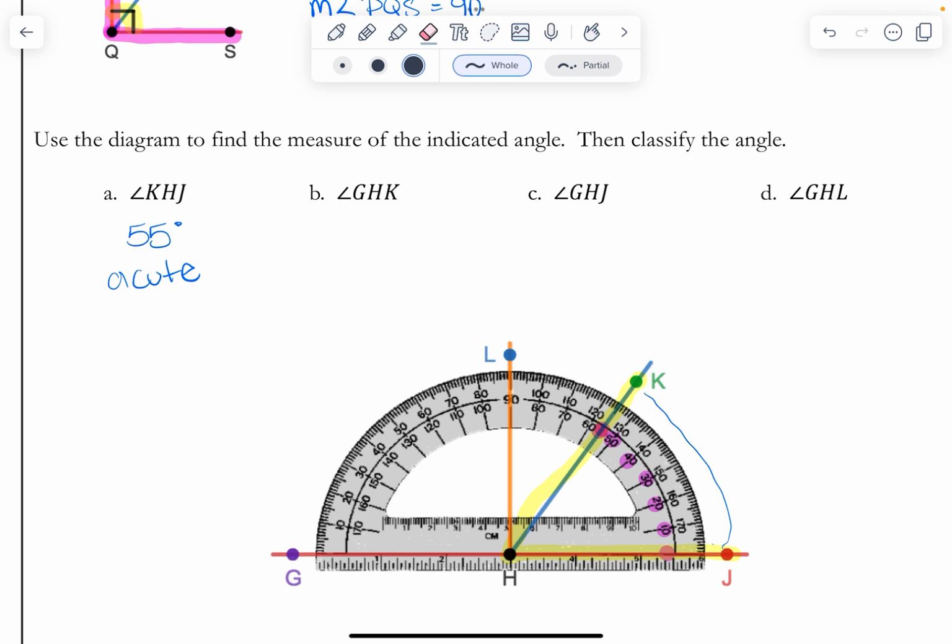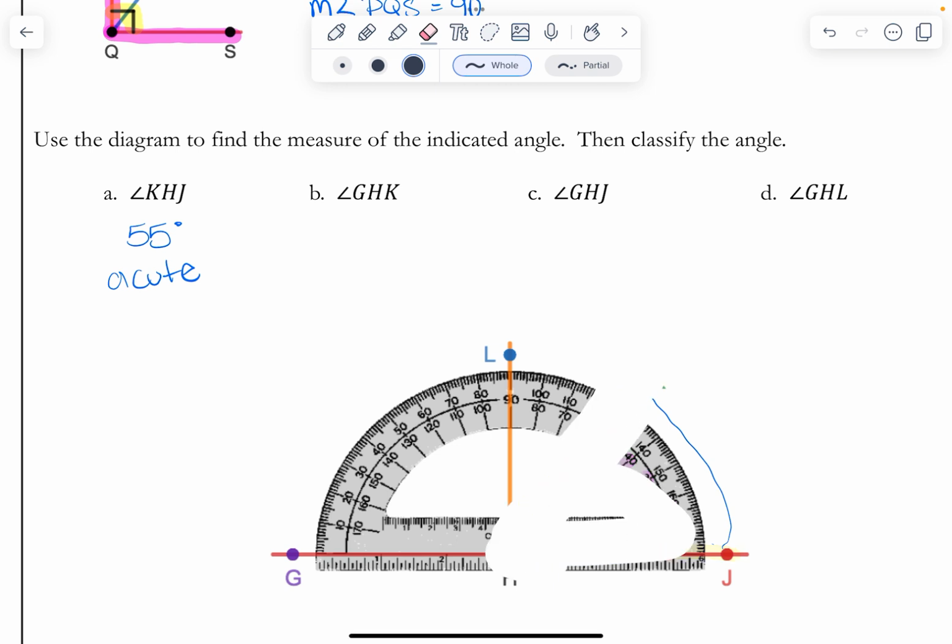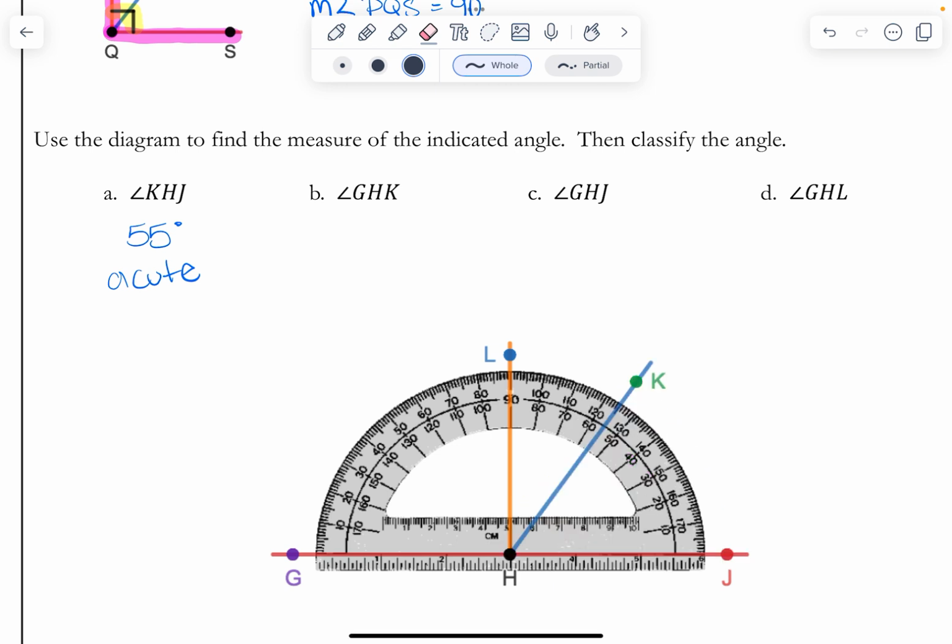Okay, next one is GHK. So let's use our highlighter. Okay, so now we want to start here because 0 is here, then we're going 10, 20, 30.